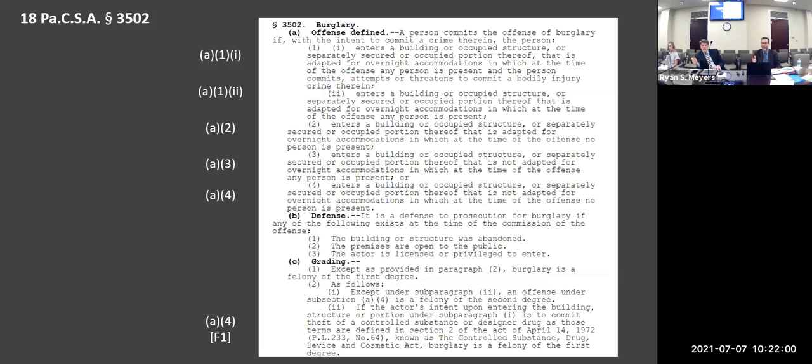So we're going to be balancing this and talking about a process that takes that into consideration. In this range of burglary offenses, there are those with a large number of cases and those with very few cases. We'll talk through some of that process.